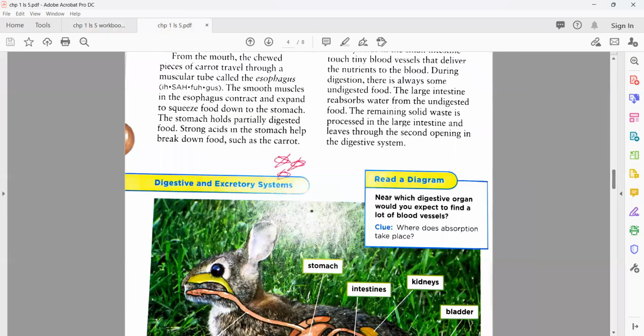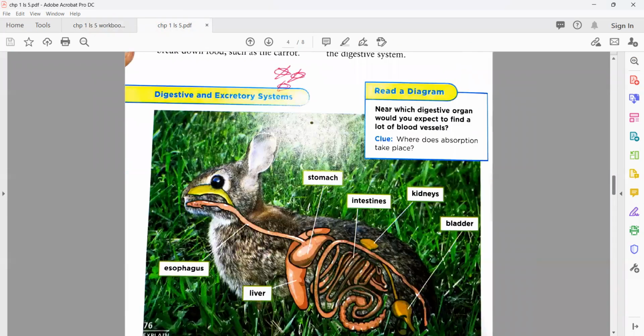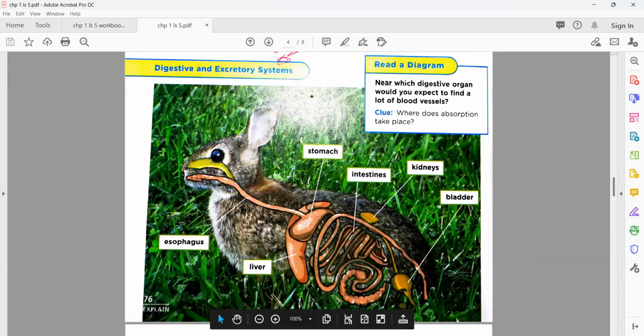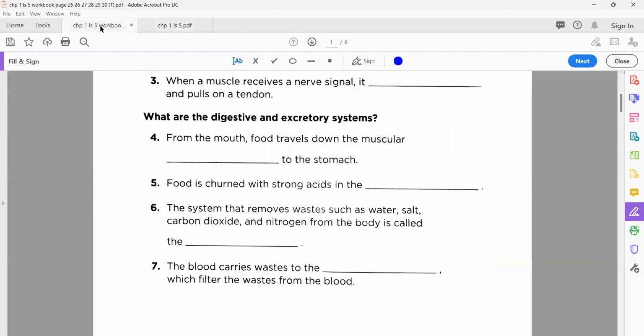Here you can see the diagram: mouth, esophagus, stomach, small and large intestine, kidneys, liver, and the bladder, and the rectum, from where after digestion all the food is absorbed, and the remaining goes out from the body. So let's see what it's going to ask us.